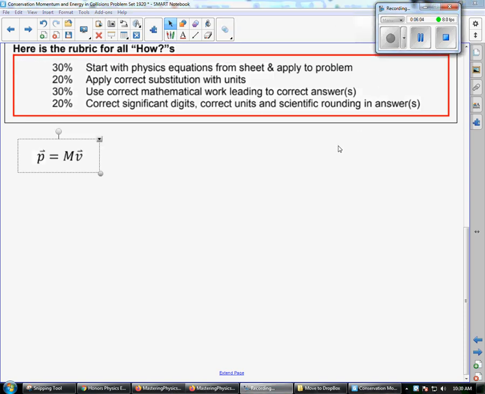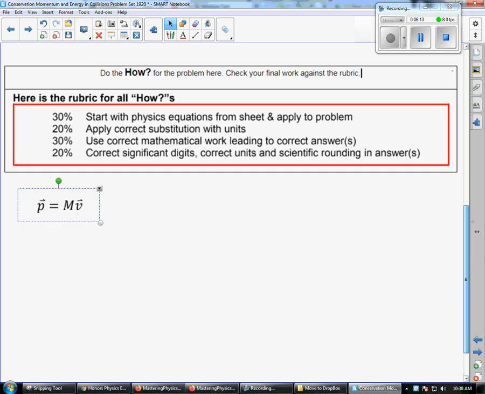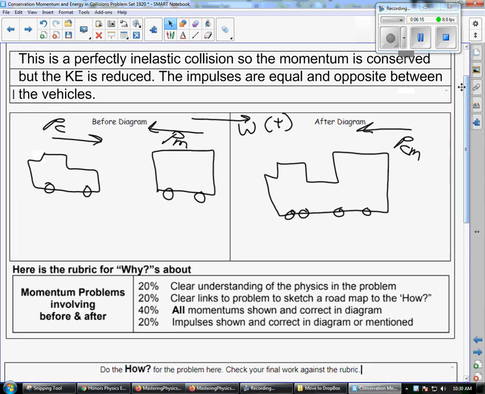Alright, so that's the only equation we actually need from our equation sheet. Our setup for the problem actually comes from our diagram here. So I know that the momentum before has to equal the momentum after because of conservation of momentum.